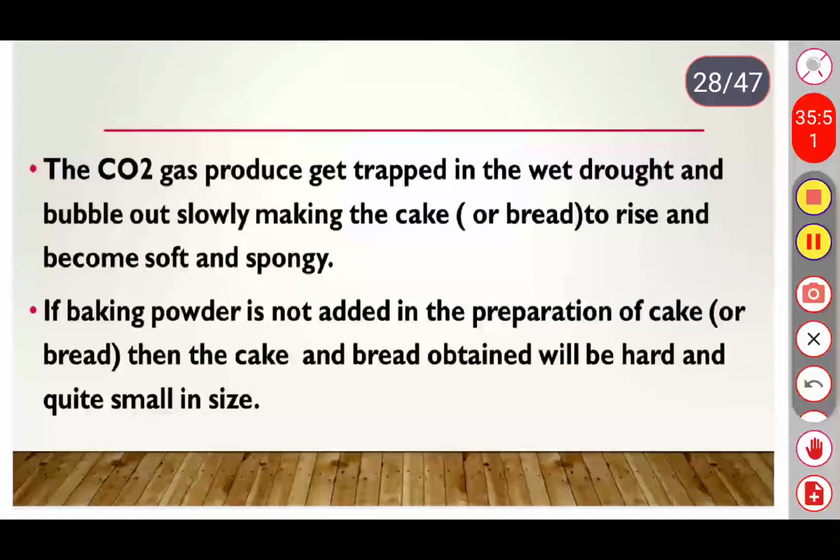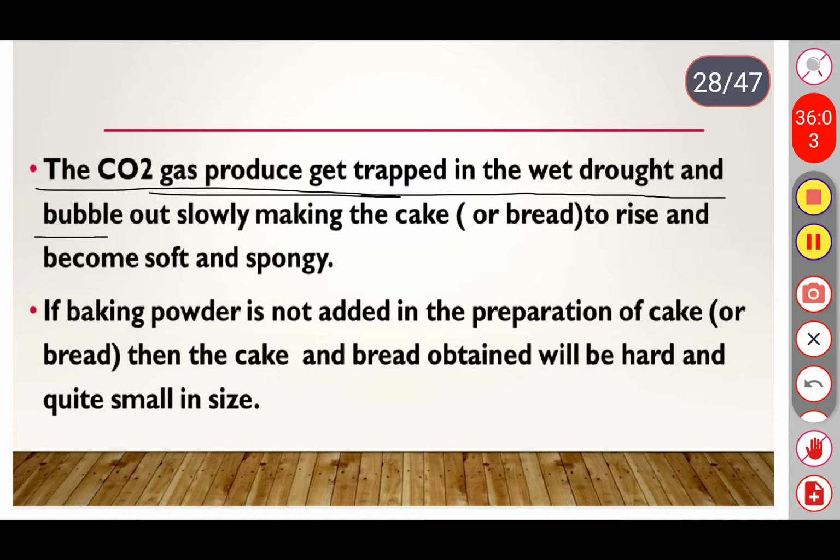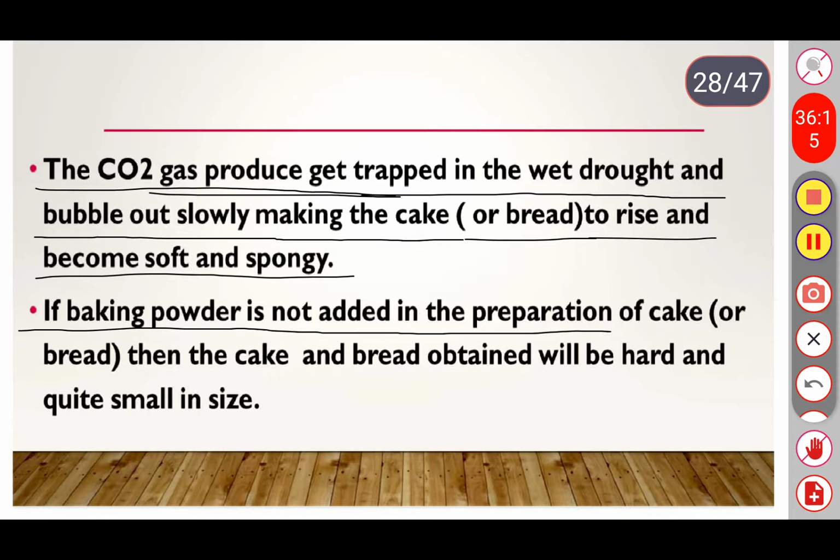The carbon dioxide gas produced gets trapped in wet dough and bubbles out slowly, making the cake or bread rise and become soft and spongy. If baking powder is not added in the preparation of cakes or breads, then the cake or bread obtained will be hard and quite small in size. That's why we are using baking powder.